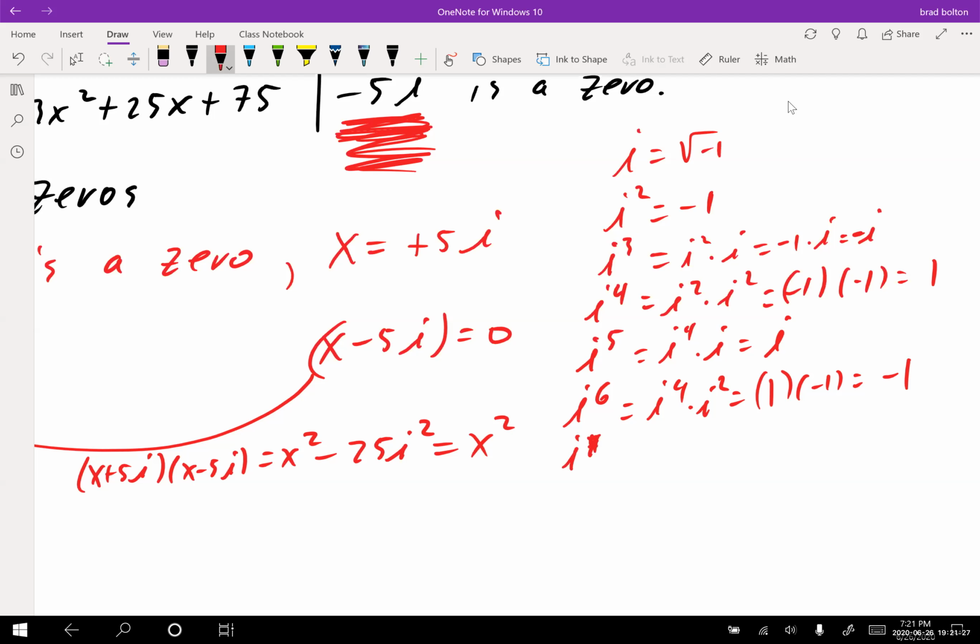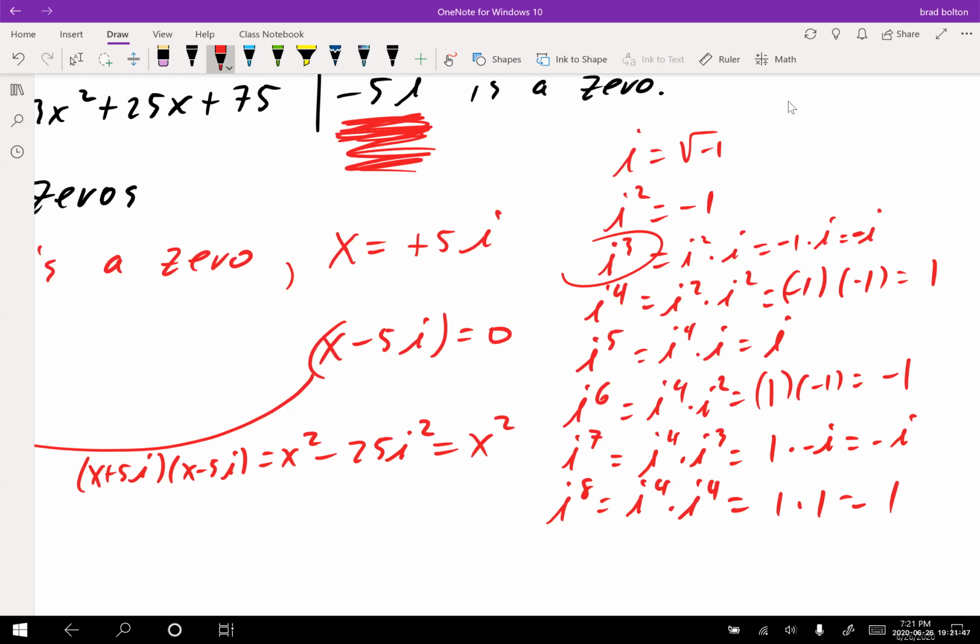So then I can go i to the 7th. That's i to the 4th times i cubed, but I know this is 1 times, and we know i cubed is negative i, so this becomes negative i. i to the 8th is really i to the 4th times i to the 4th, but that's really 1 times 1, which is 1, which is now back to i to the 4th.